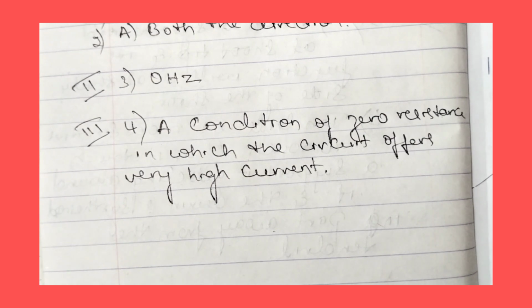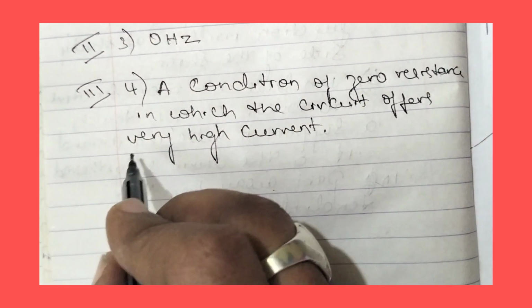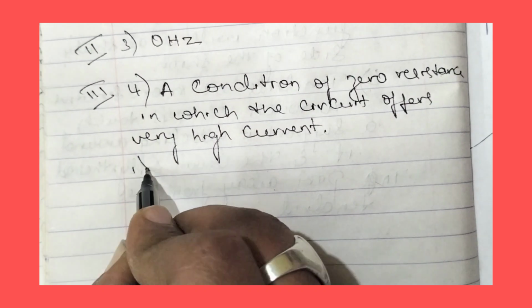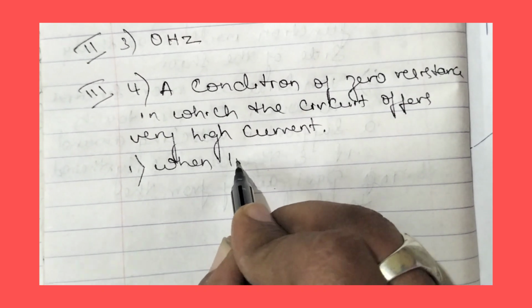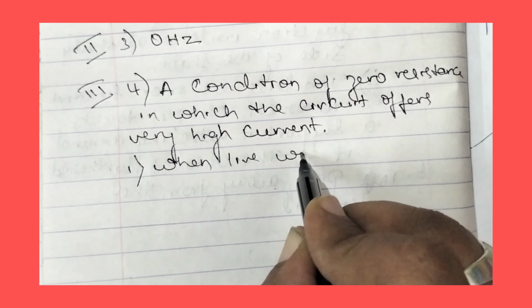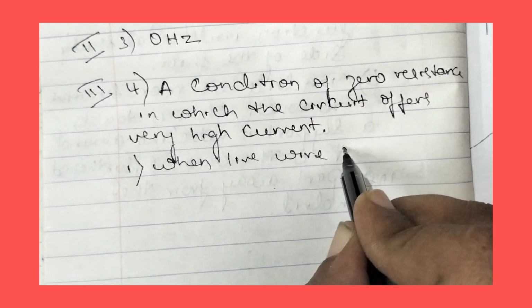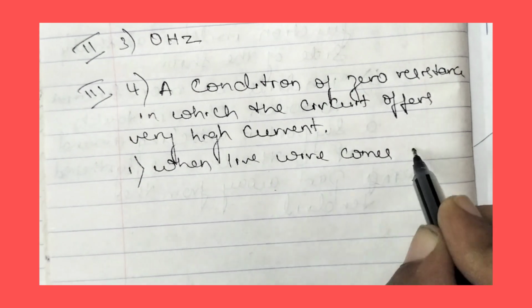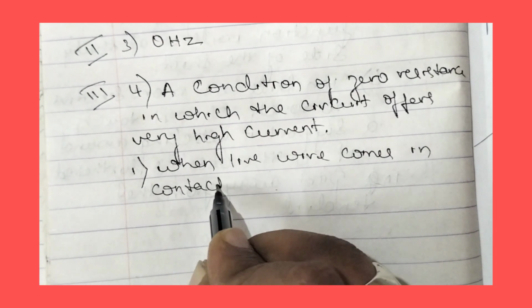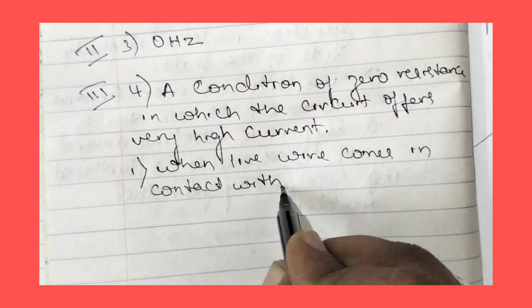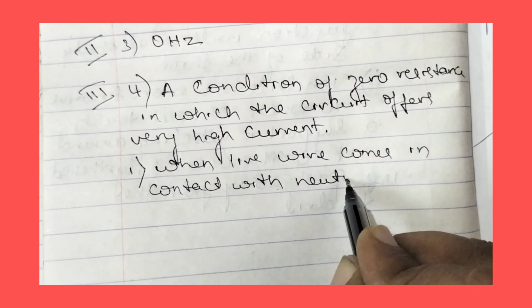Then why will short circuit occur? Short circuit will occur for the following reasons: when the live wire comes in contact with the neutral wire.